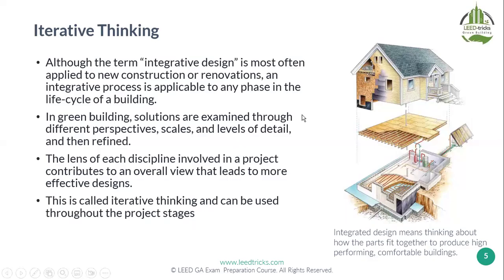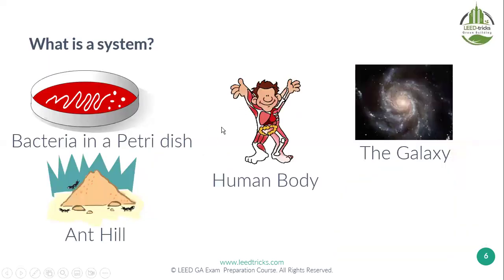I'm not saying these to make it complicated. No, these are just examples. But what LEED wants to say here is that you can consider the building as a whole system. Like the human body: although every organ has a job to do, when you have finger pain, you feel a headache, right?